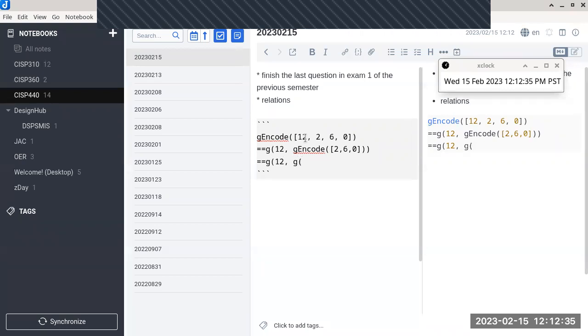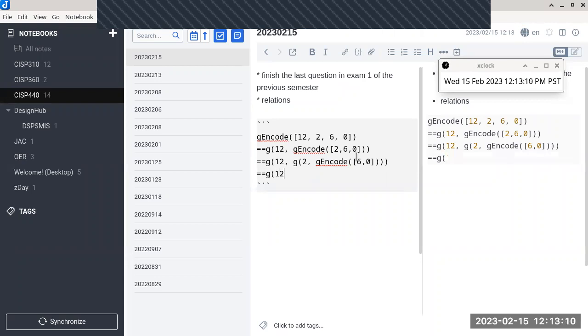Because this 2 here is not a null character, we have to use the recursive method again, extracting the first character 2 as the x coordinate of the nested call to G, and then the rest is going to be G encode of the rest of the array, which is 60, like so. I'm just matching the parentheses. That cannot be resolved yet because I still have G encode of 60 to deal with.